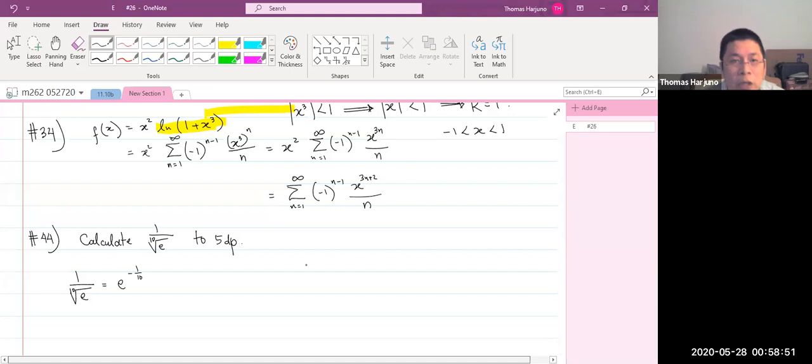Okay, now e to the x is given by the power series, sum of x to the n over n factorial. Correct?